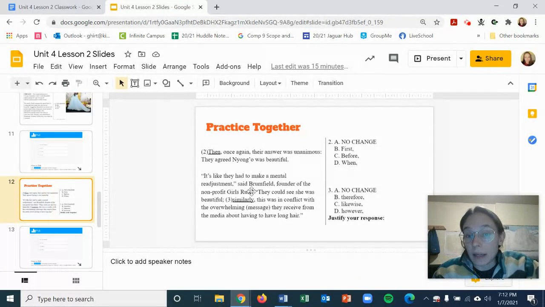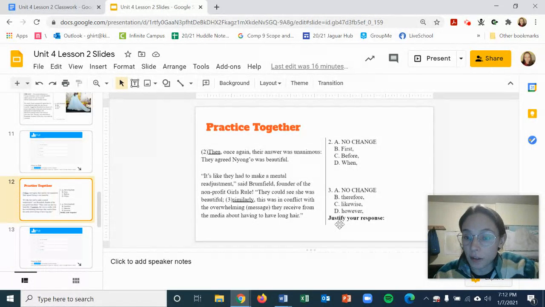Let's do one more together. It's like they had to make a mental readjustment, said Broomfield, founder of the nonprofit Girls Rule. They could see she was beautiful. Blank, this was in conflict with the overwhelming message they received from the media about having to have long hair. So put in your answer. And if you said D, however, you would be correct.